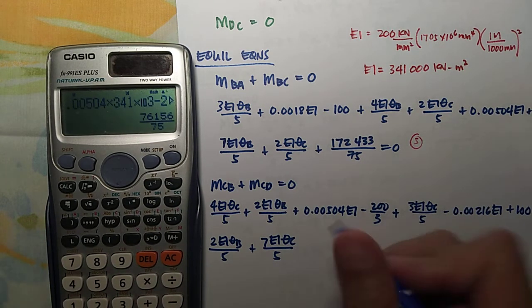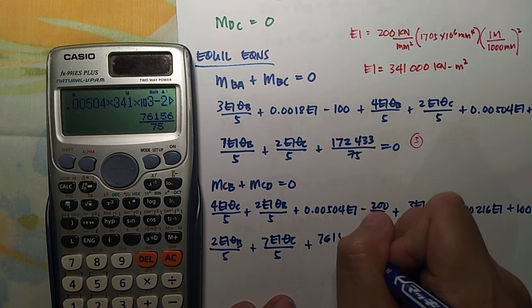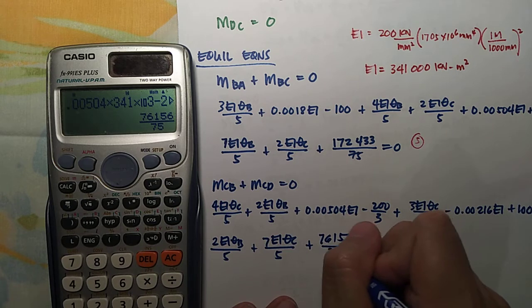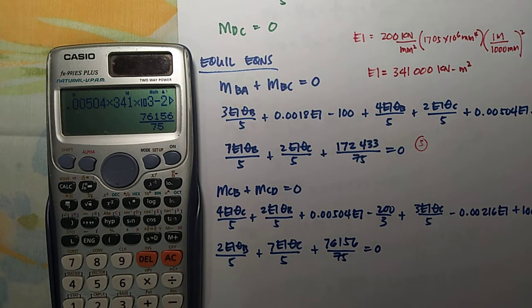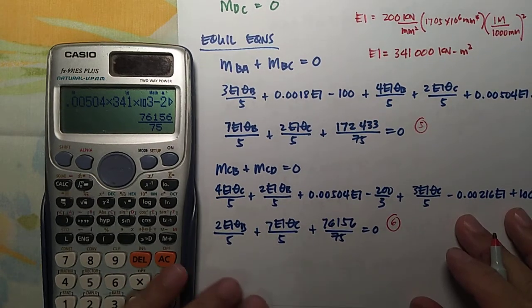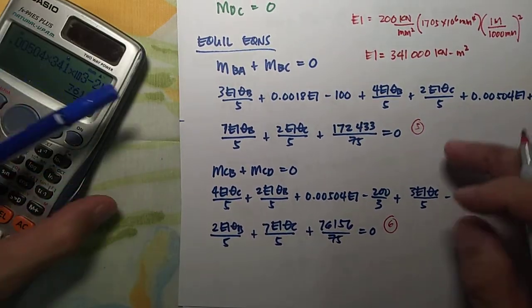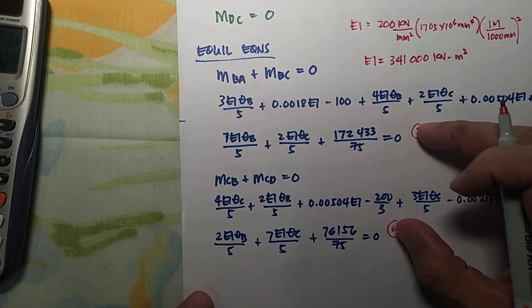So the answer is plus 76156 over 75 equals 0. So let me call that as our 6th equation. Yan. So yan yung 6th equation na natin.